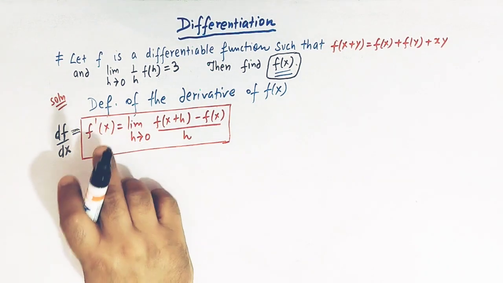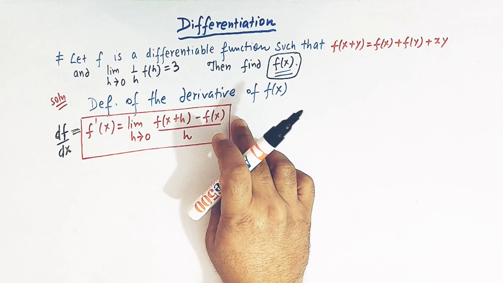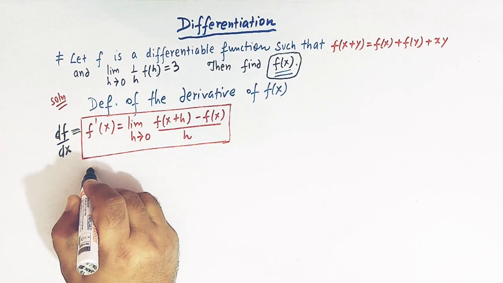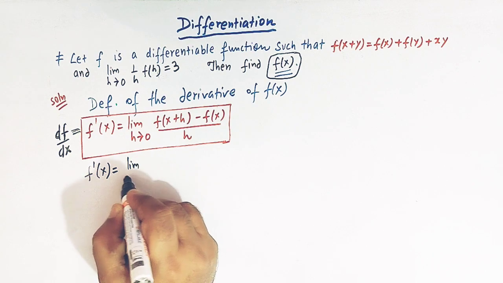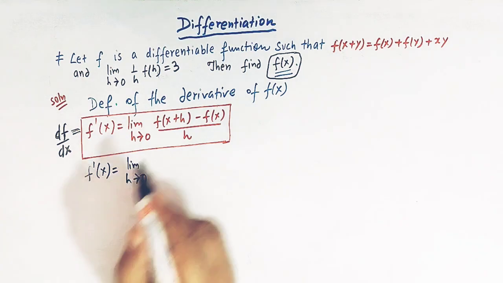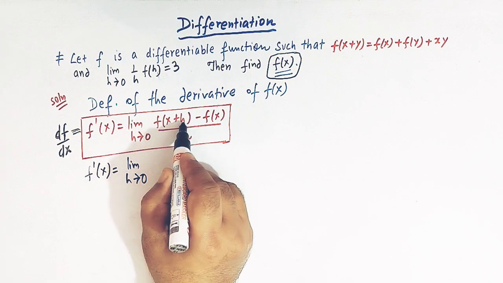So now let us move further. Here we have f prime of x, the limit as h tends to 0, and here we have f of x plus h.